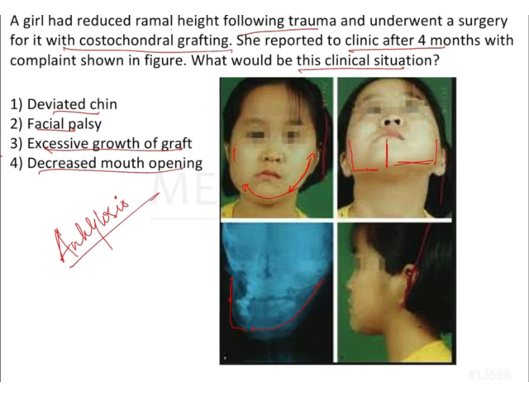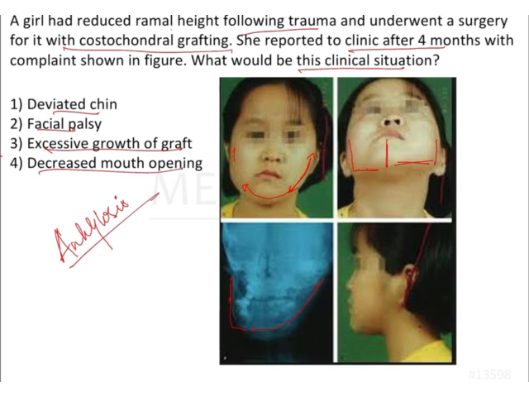The condylar cartilage is a growth center in the mandible. Because there was ankylosis, there was stunted growth that was seen. That is why we have taken a costochondral graft along with the rib so that there is continued growth of the mandible in that region. So the costochondral graft has intense growth potential.